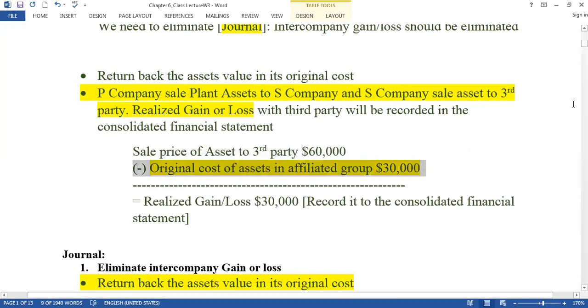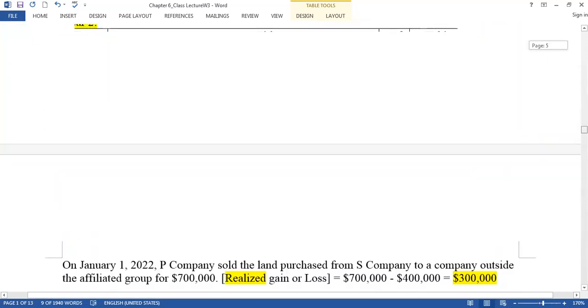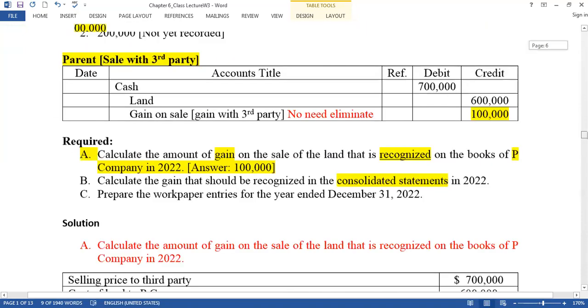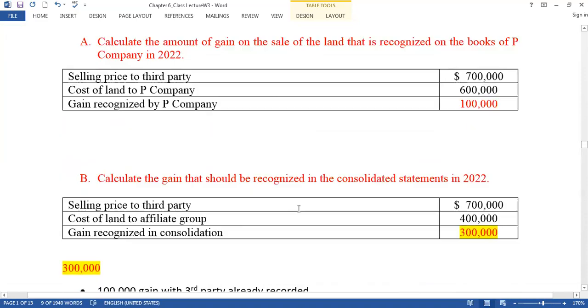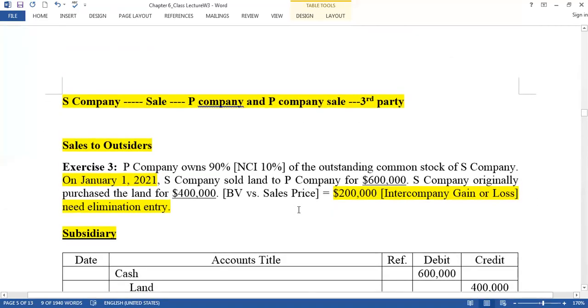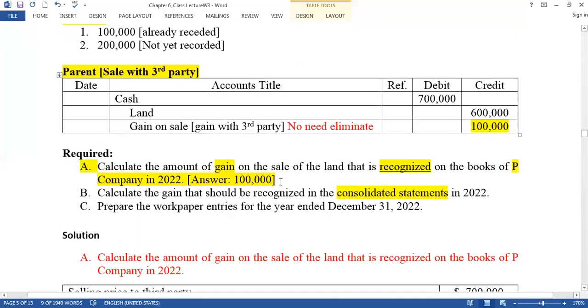This is our main method. So this is the answer for part A, that means the parent company's gain, and the answer is here.